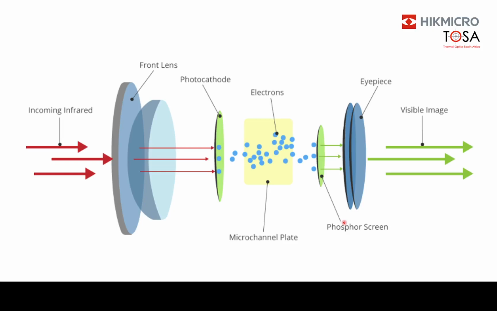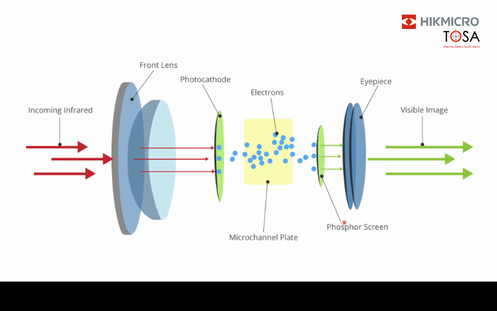So there you see a photocathode. I'm not going to go into the technical details of that, but the infrared radiation hits the photocathode, and it knocks out, so to speak, electrons from the cathode. Those electrons are then accelerated towards a phosphor screen.